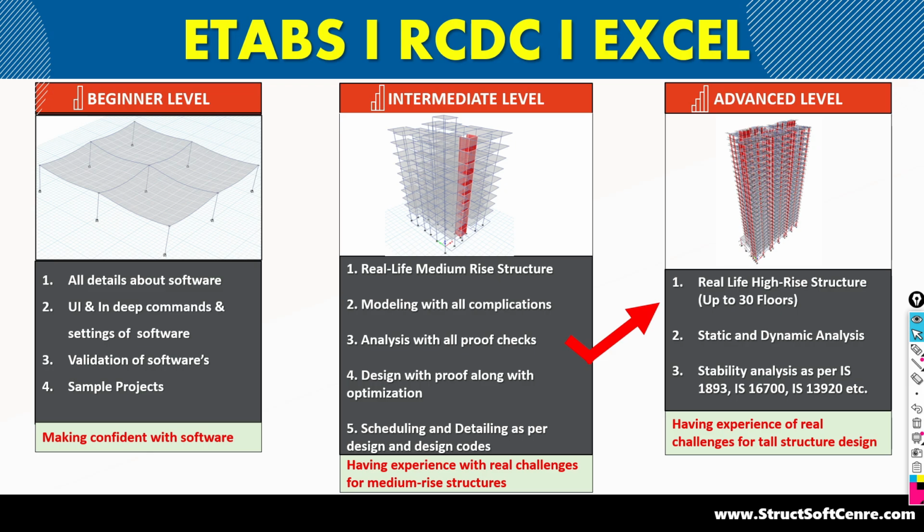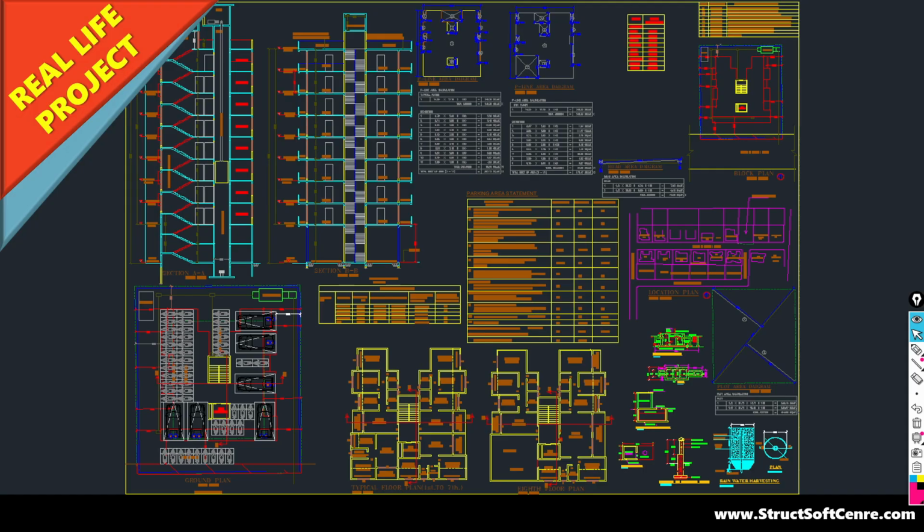After that we move towards the intermediate level, and in our intermediate level we are going to deal with a real example project. The objective of this intermediate level is to give real exposure to how structural engineers deal with real example projects. So the very first thing, we are taking one real example project with an architectural drawing.